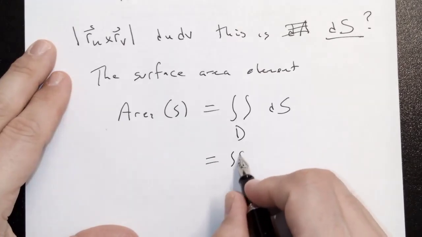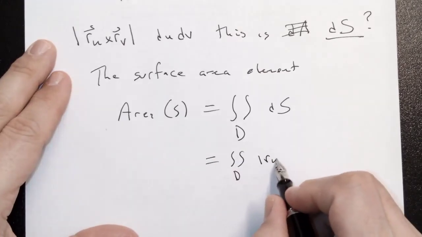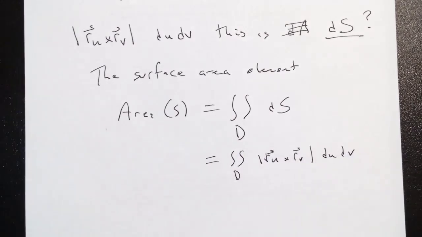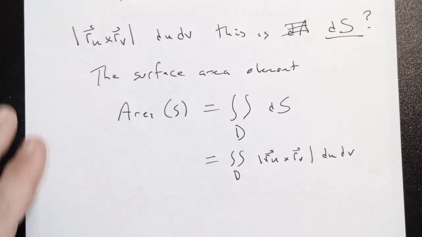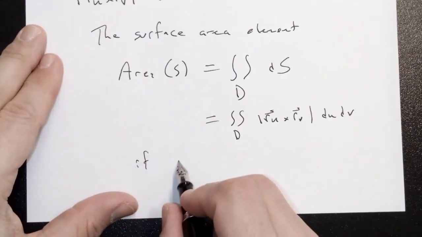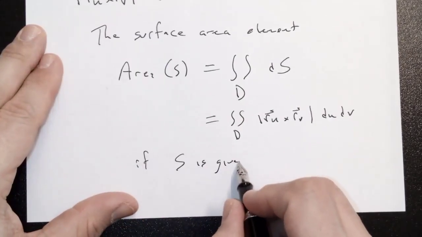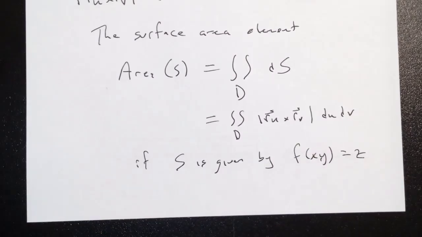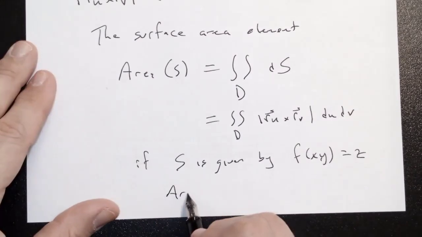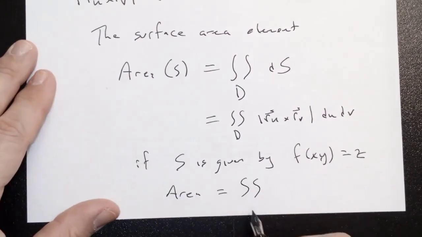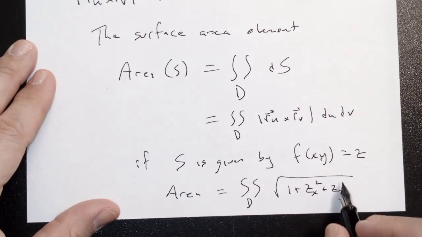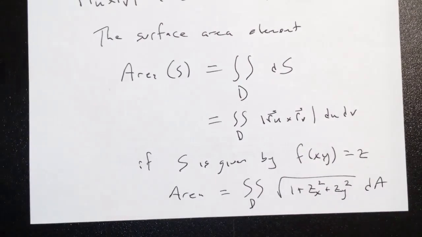And that becomes this, which, by the way, if our function is a graph, that's the same integral that we did back in chapter 14.